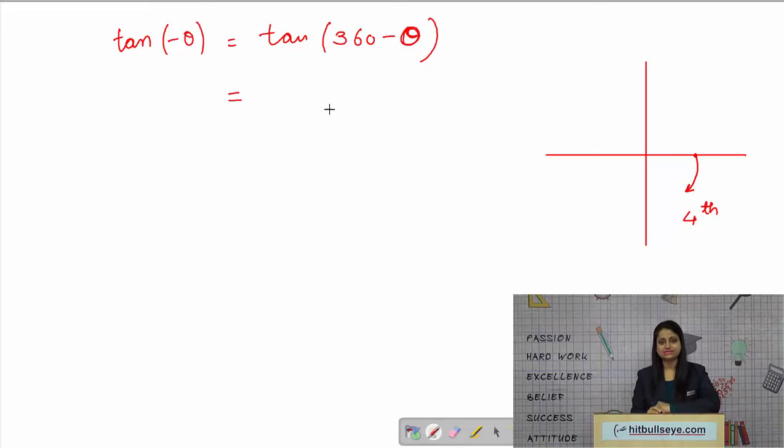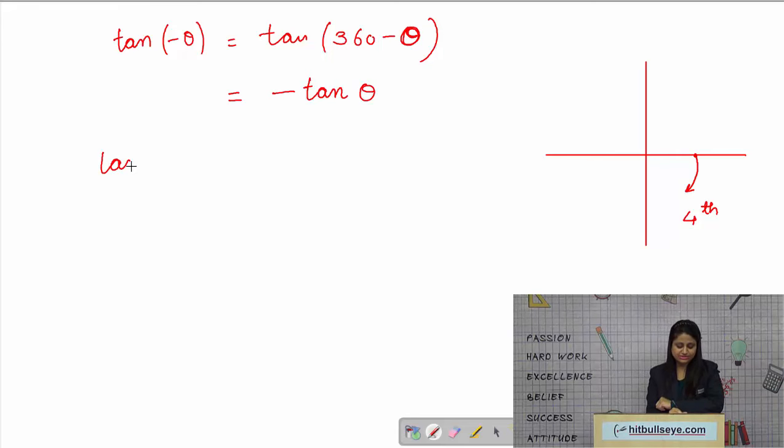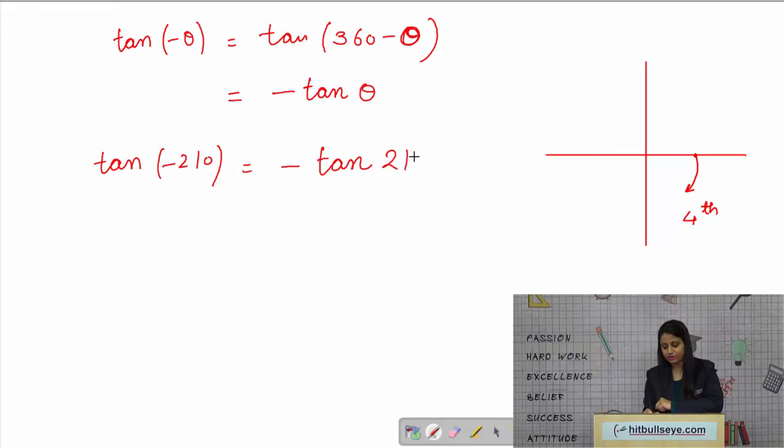What is tan 360 minus theta? That is minus tan theta. Now what was asked? It was tan of minus 210. So it will become minus of tan 210, minus of tan 180 plus 30, we can write it as.